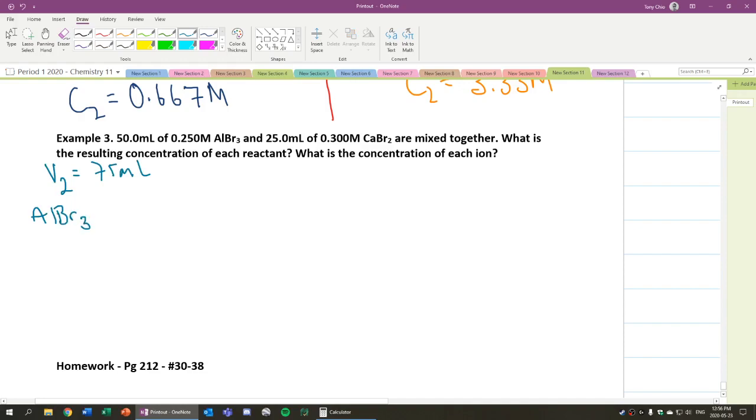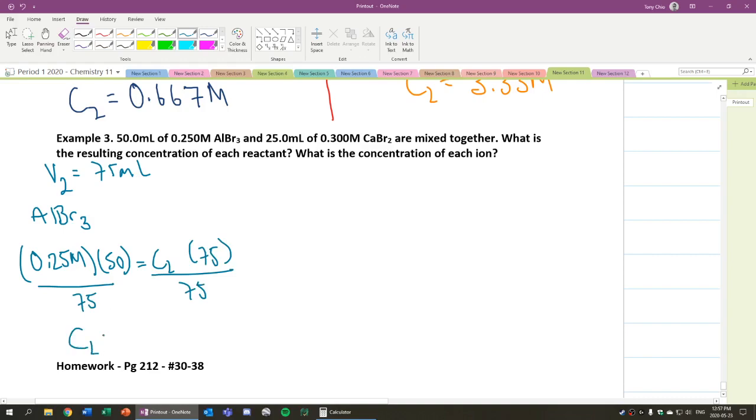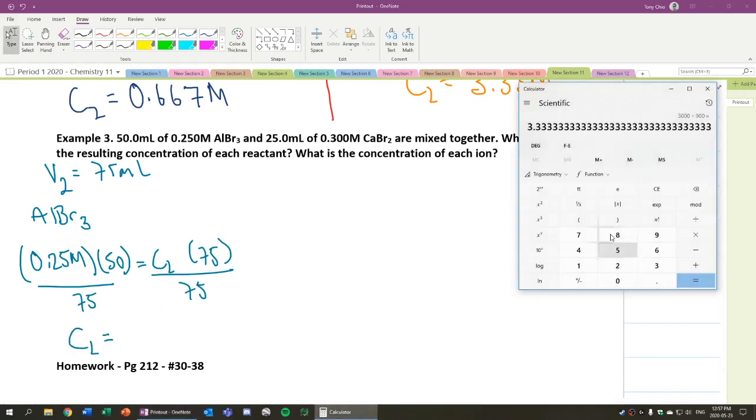It is 0.25 molarity times 50 equals C2 times 75. Divide both sides by 75, and you get a C2 for aluminum bromide of 0.25 times 50 divided by 75, which is 0.1667.